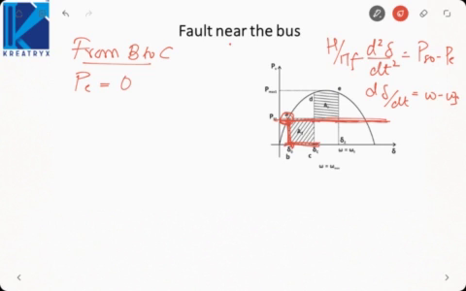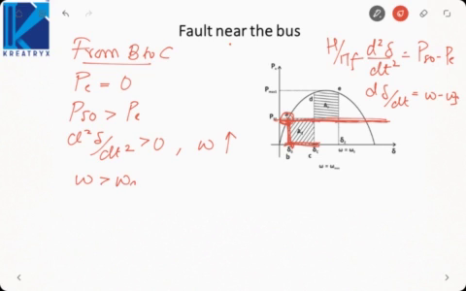If electrical power is 0, shaft power is greater than electrical power. So d square delta by dt square is greater than 0. So speed increases. And it is greater than synchronous, so delta also increases. Now suppose at point C, the fault is cleared.